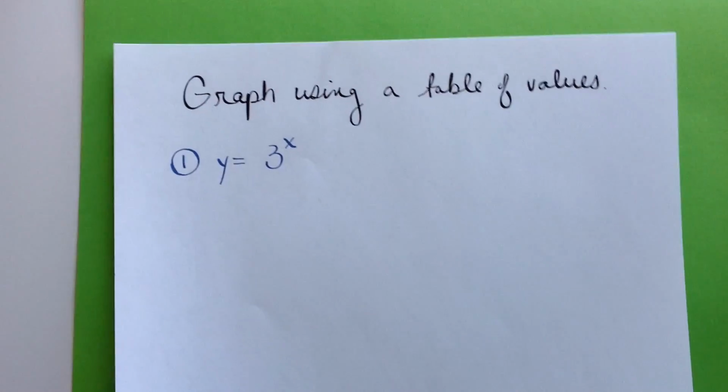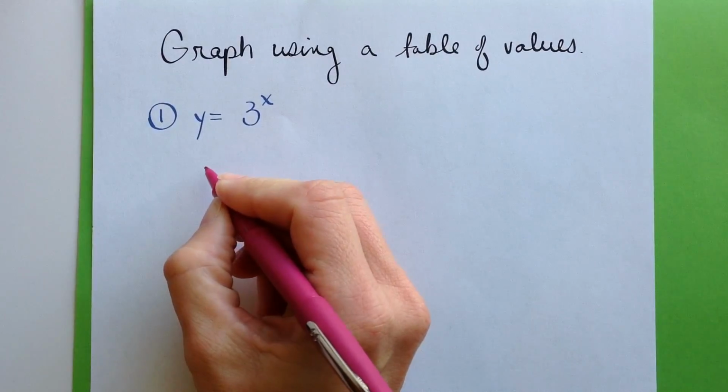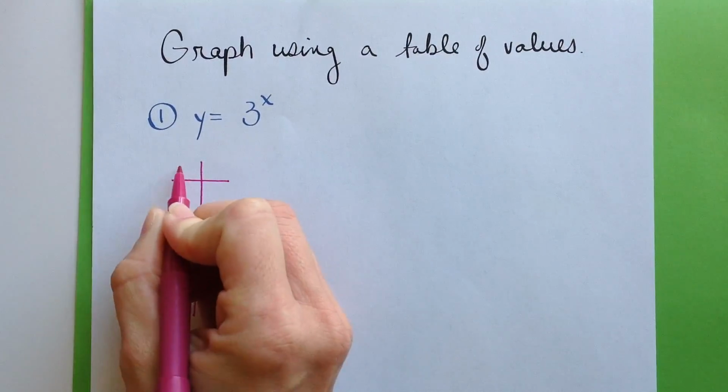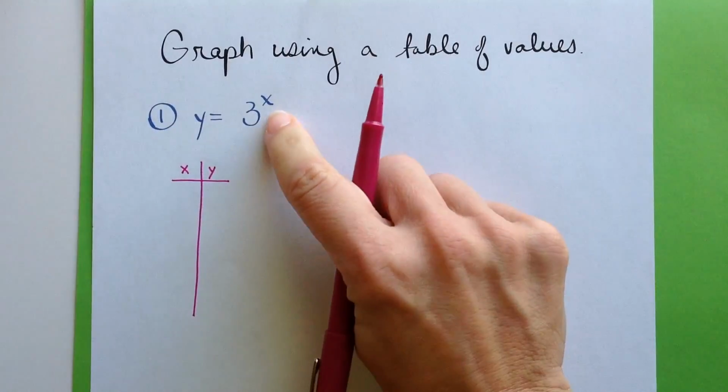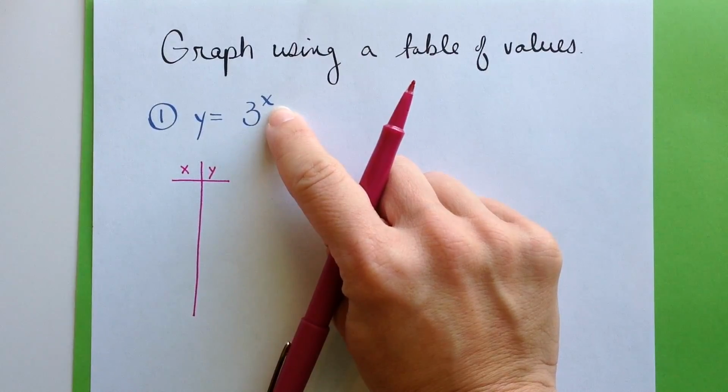All right. So what we're going to do is look at graphing a few exponential functions. The first one that we're going to graph is going to be y equals 3 to the x. And as it says, we're just going to use a table of values to do this. So in setting up your table of values, you can choose whatever values you want for x, because you can substitute any real number in for your exponent here, your x.